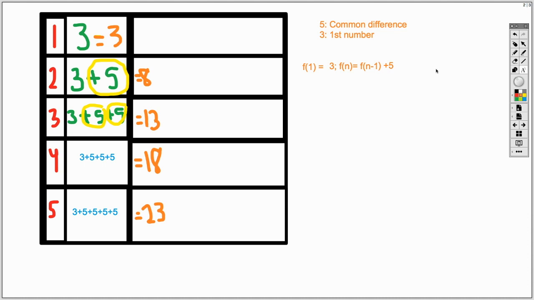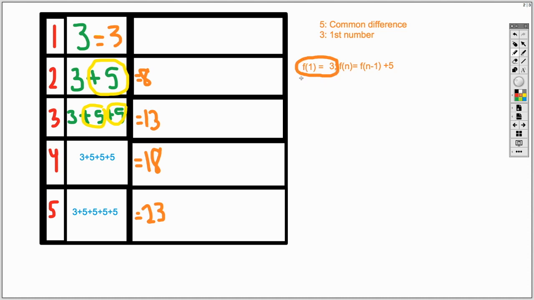It looks weird, but basically it's normal, like the equations we see. This section is literally just saying that the first number is 3, so F1 equals 3.